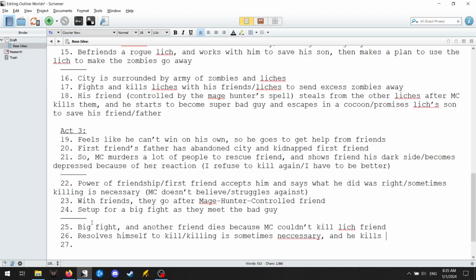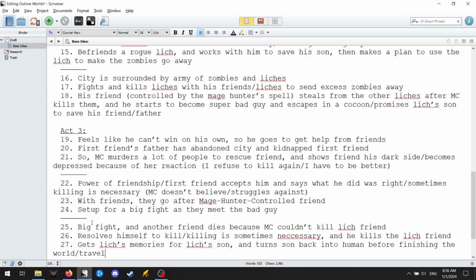And he kills the lich friend, gets the lich's memories for the lich's son, and turns the son back into a human before finishing the world, traveling to world number 2 or 3, depending on if you count the first world as there. And that's where the story ends.